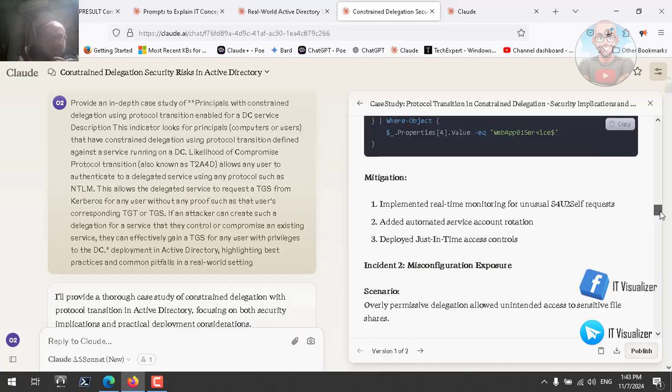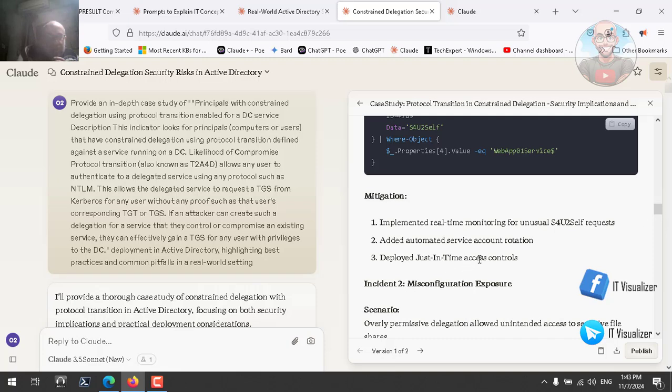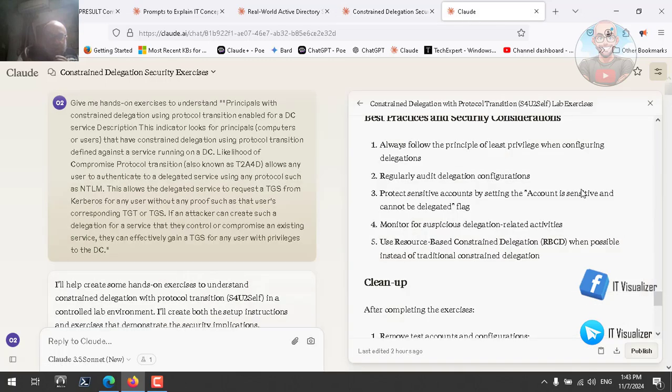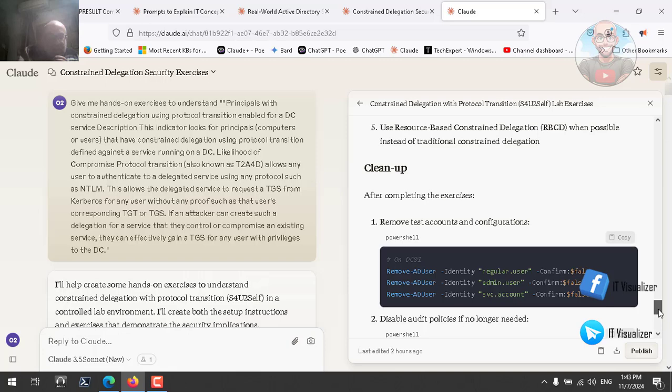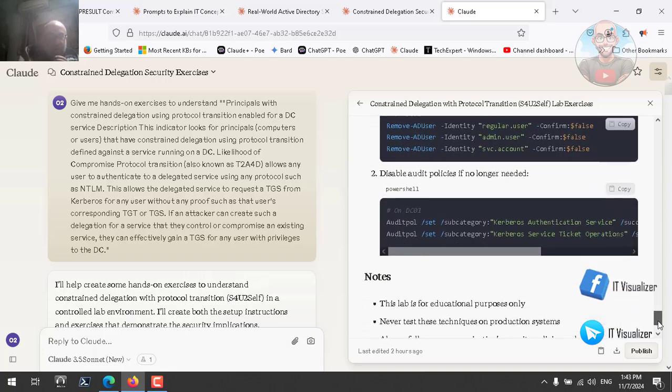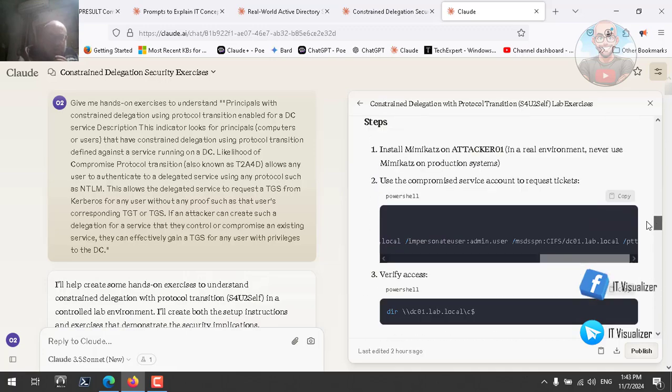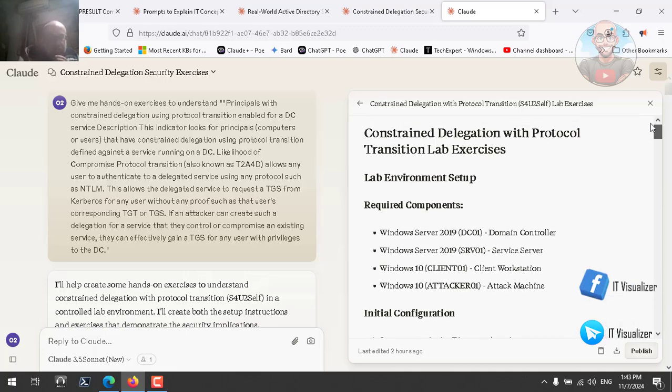I think he has given us just-in-time access control. Okay, this is one thing. So we can see that the other answers are completing each other. If we go there and see the cleanup, now he's giving us even the cleanup processes to clean this lab. This is a very, very good lab, illustrative, simple to explain, simple to implement.